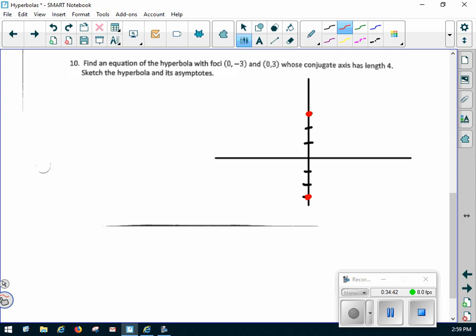Are the branches of this hyperbola going to open right and left or up and down? Why up and down? Because my foci are vertical from each other.